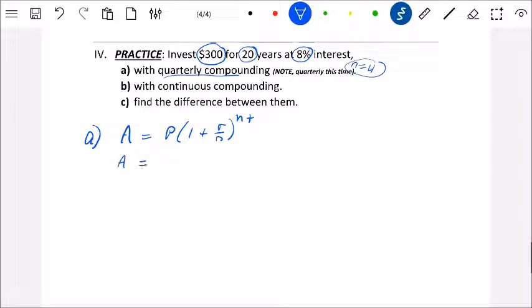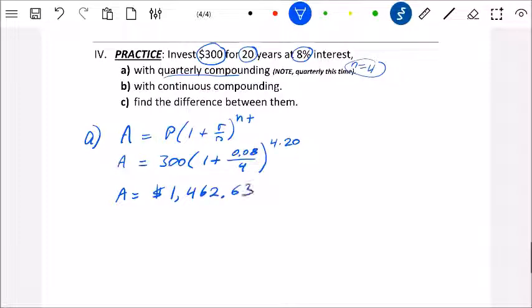So the amount is the 300, 1 plus 0.08. I was careful to change it. And then the 4 times the 20 years. So when you multiply all that and work it out, it comes to $1,462.63.